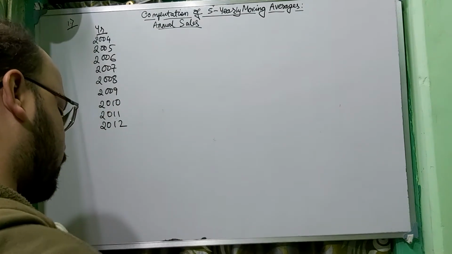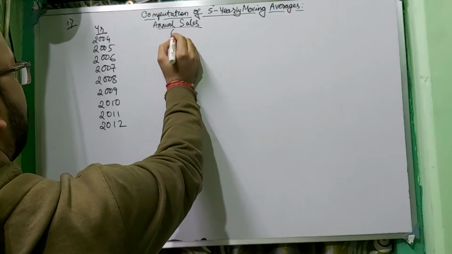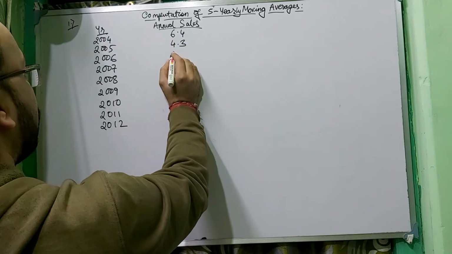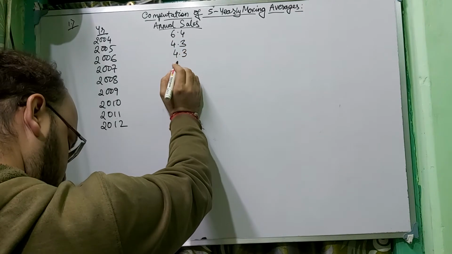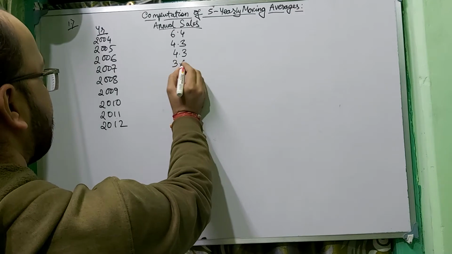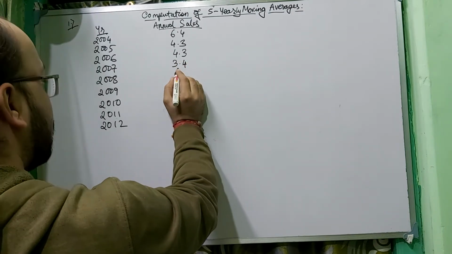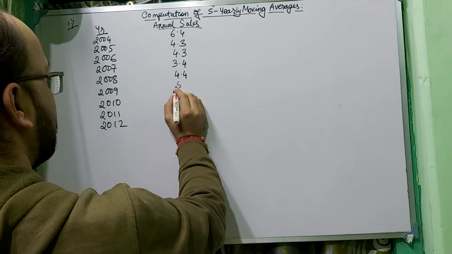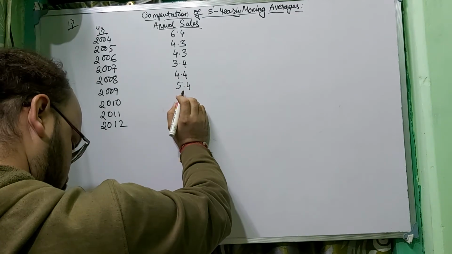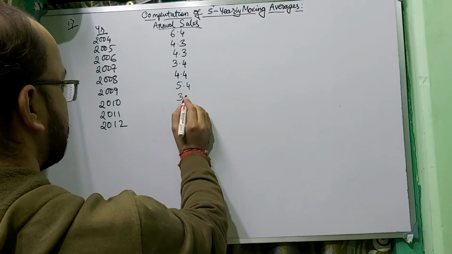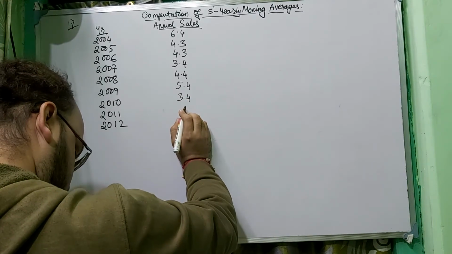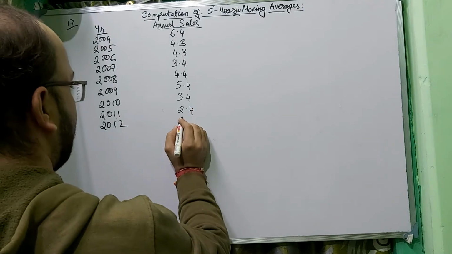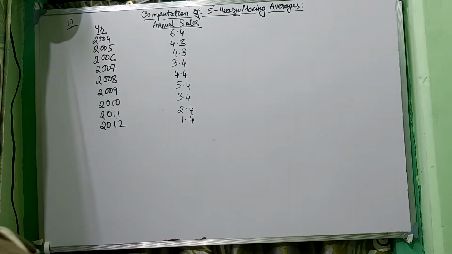And annual sales has been given 6.4, 4.3, 4.3, 3.4, 4.4, 5.4, 3.4, 2.4 and 1.4, right?